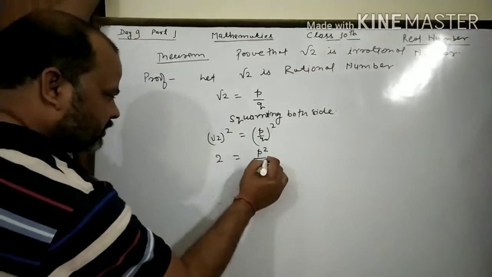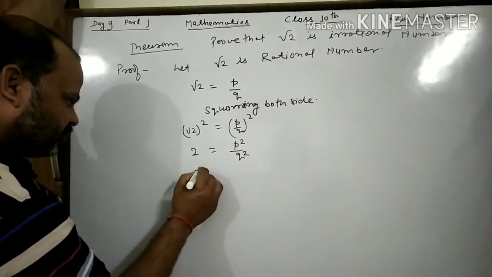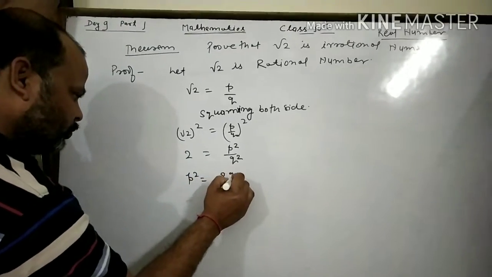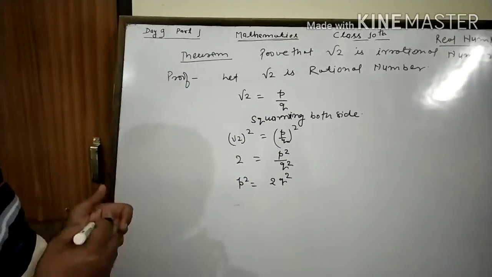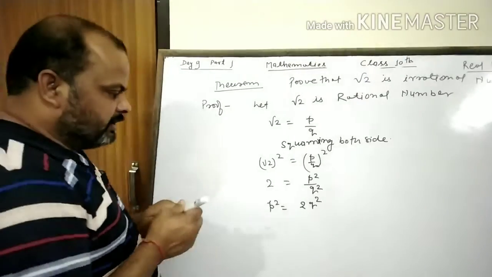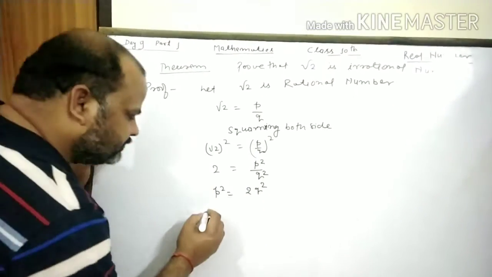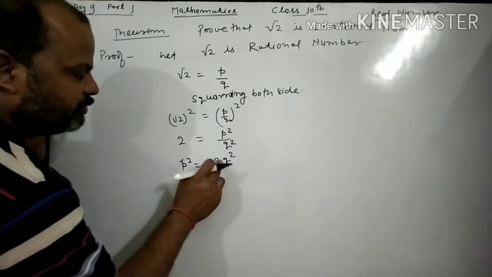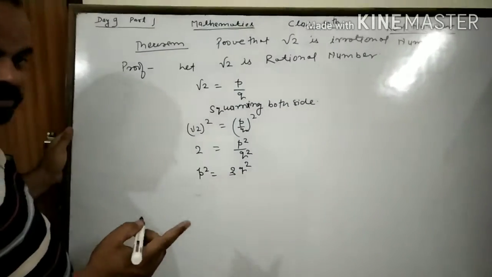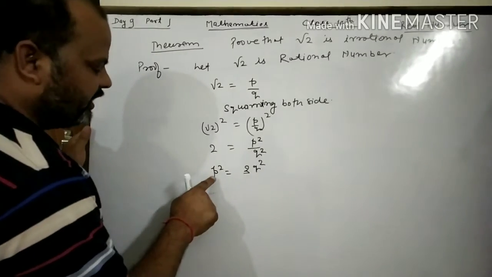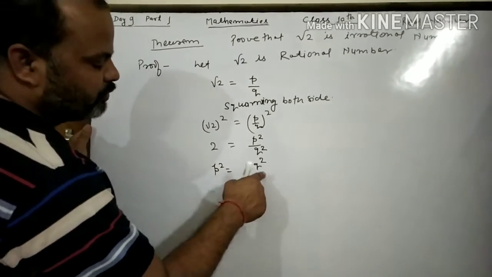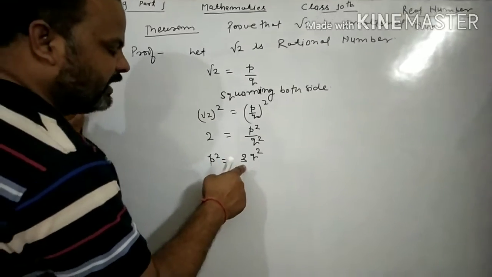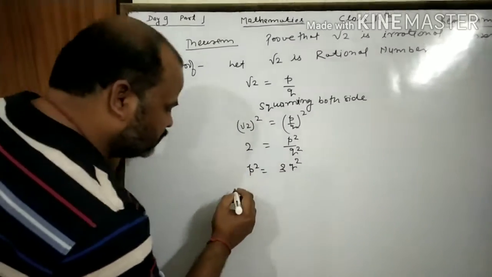Clear? Then p square is equal to 2q square. Clear? It means, like a is equal to bq, then b is a divisor, like this. In the same way, p square is equal to 2q square. It means p square is divisible by 2.